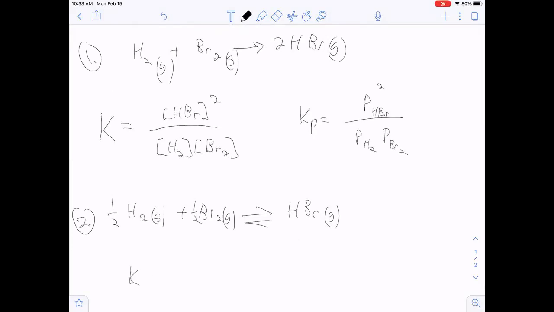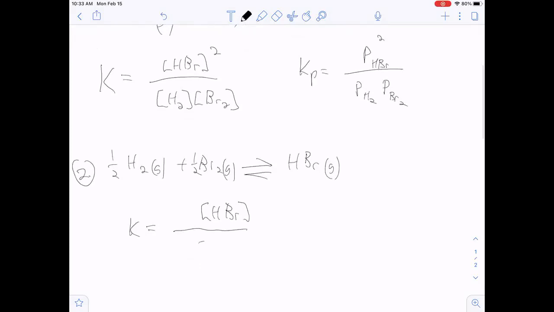So if I was going to write the equilibrium expression for this, it would be this, right? But now this K and this K cannot be the same thing.